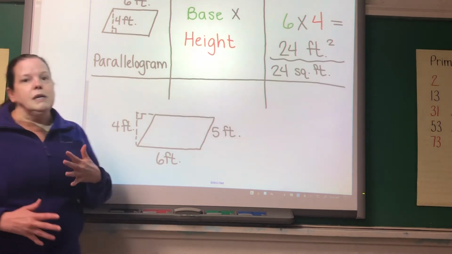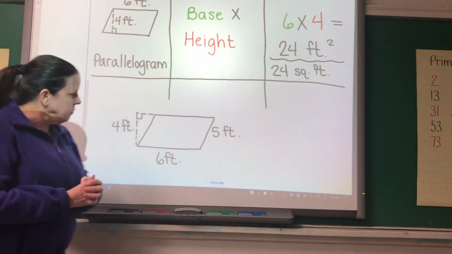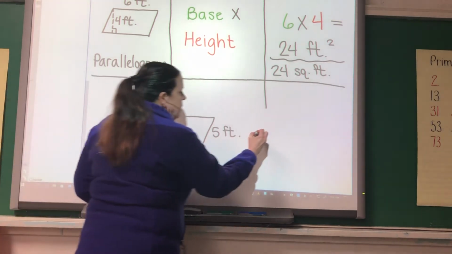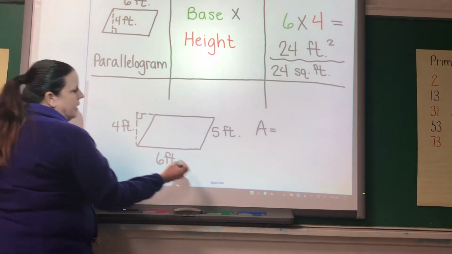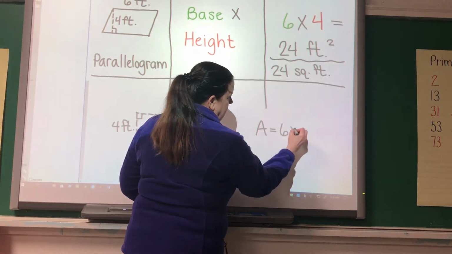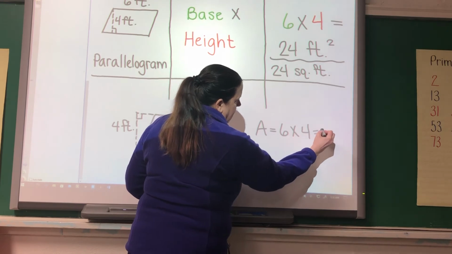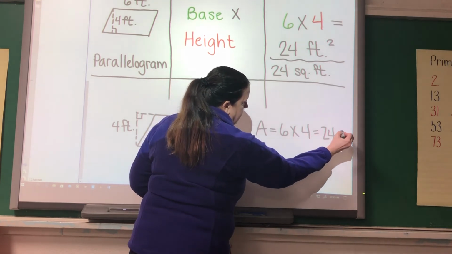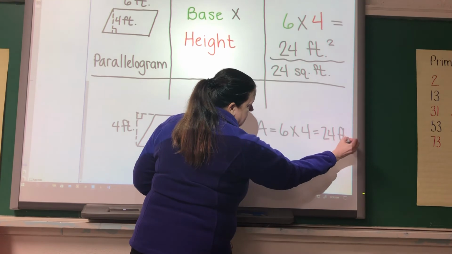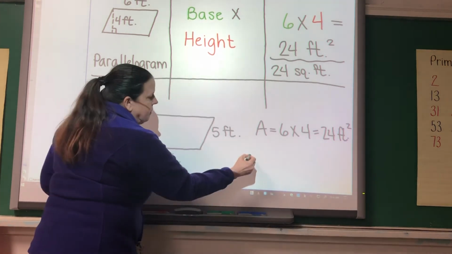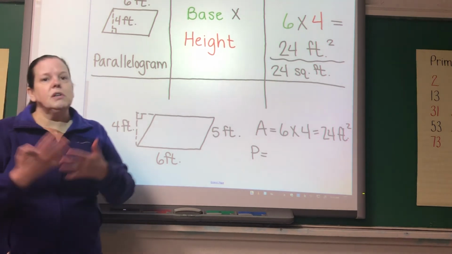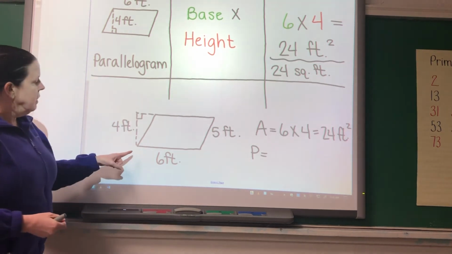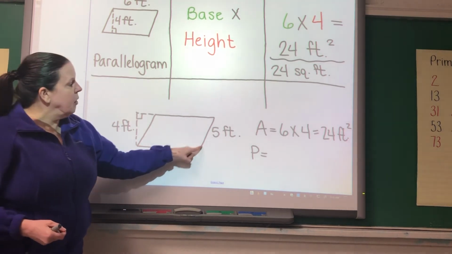Now, if you were doing area, we'd do 6 times 4, which is 24 feet squared. If we were doing perimeter on this one, because a lot of times you're going to do area and perimeter both, this is where you're going to have to take all 4 sides.